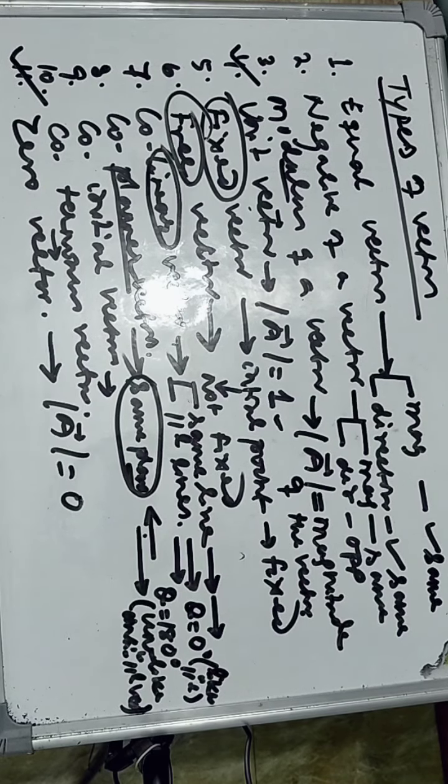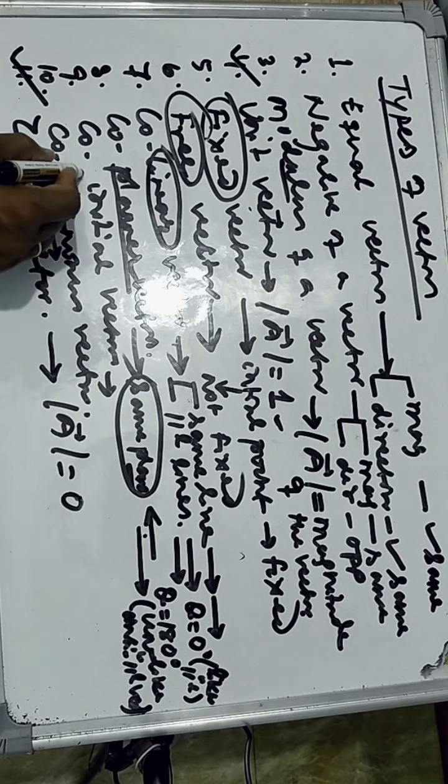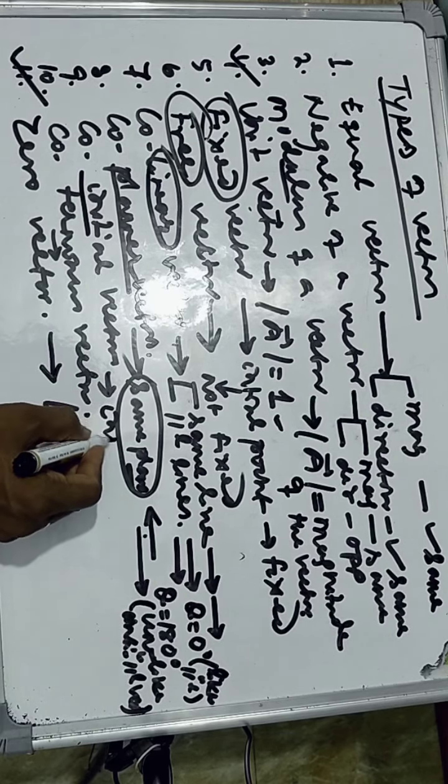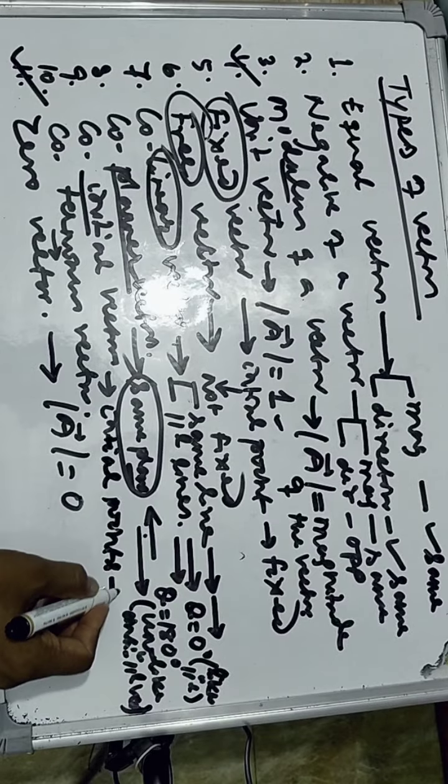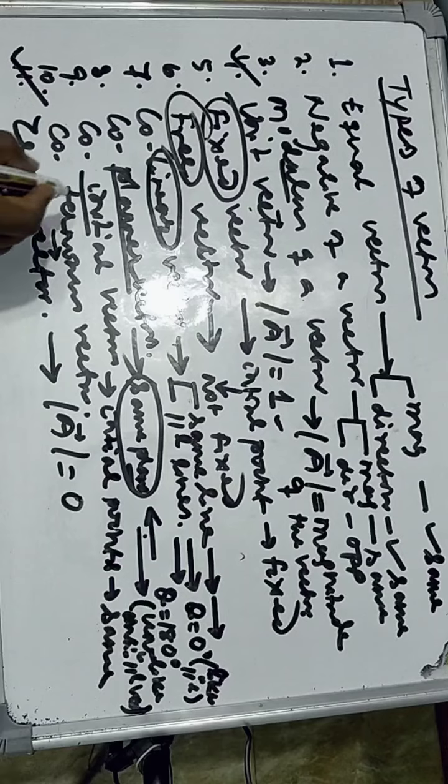If all the vectors have the same initial or starting point, then they will be termed as coinitial.